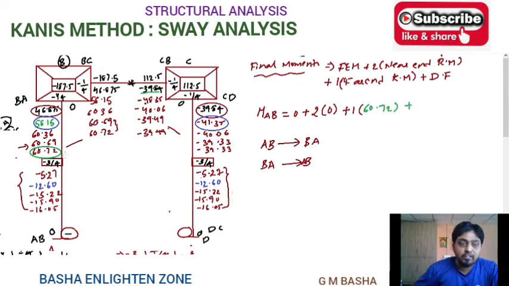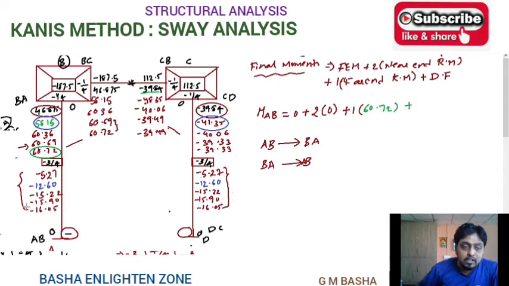Plus displacement factors. Displacement factors can be taken only for the vertical members, that is AB and BA, not for BC and CB, because the sway happens only in the columns, the variation only in the columns. Observe the displacement factor only for the final value.